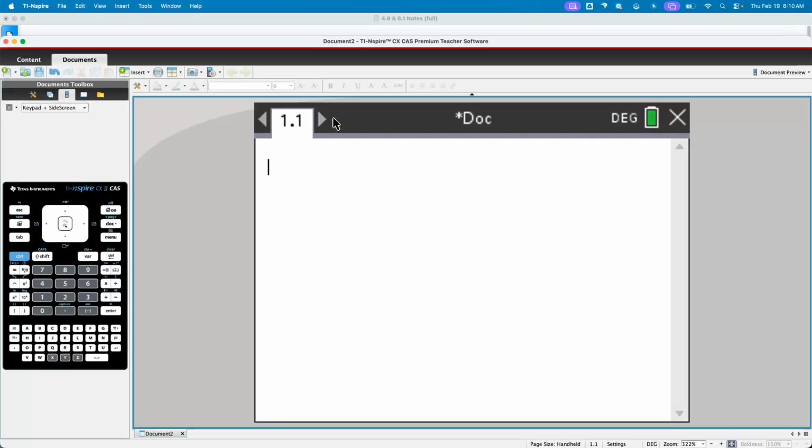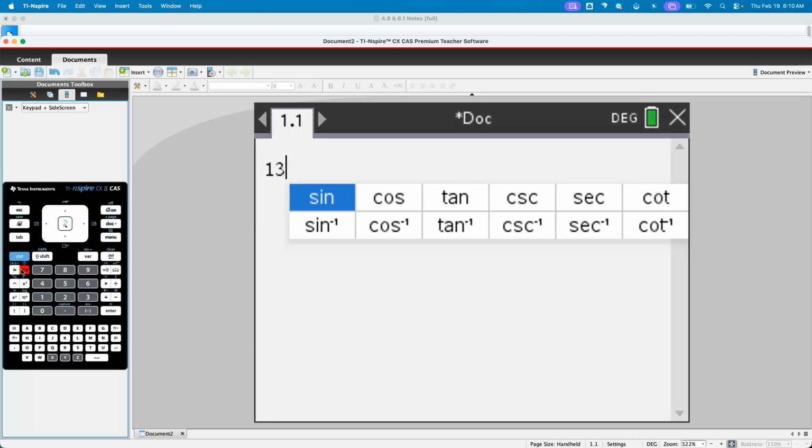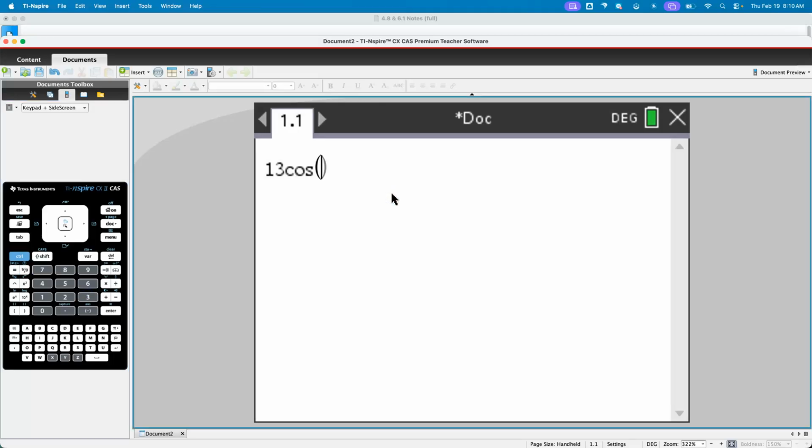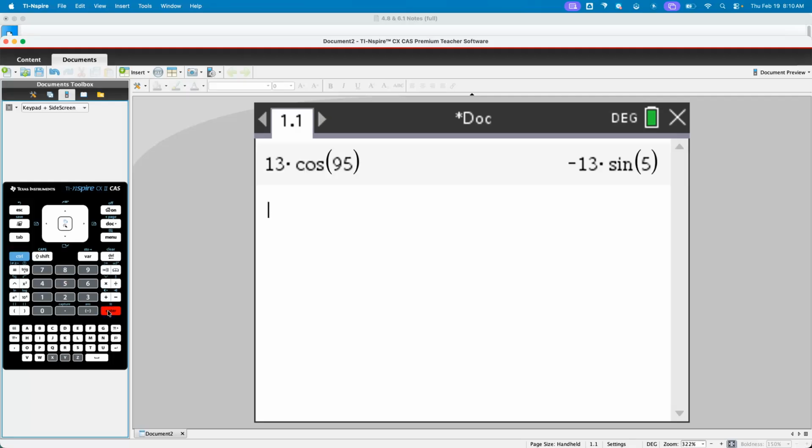The first thing I'm going to punch in is 13 cosine of 95, making sure that I'm in degrees. Make sure it says DEG up here in the corner. If it says RAD, scroll your cursor up to that spot and hit the center button on the trackpad. When I hit enter, for me it switches over, but on yours it should say something along these lines.